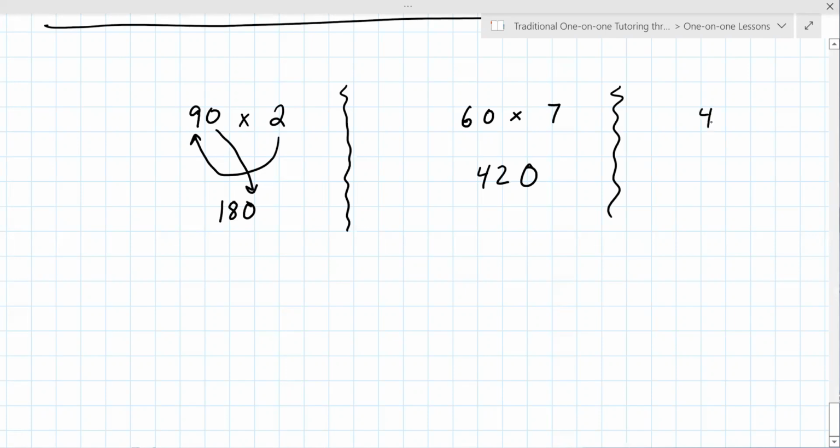Let's go 40 times 8. 8 times 4 is 32. 32, and then you bring a 0 down. 3,200. There's just one 0 though, so it's 320.